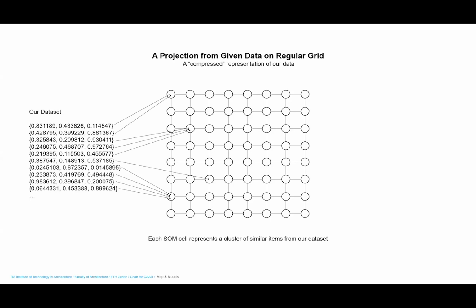Of course this representation is made by the training process, and we will explain it later. So basically we can consider that this SOM is an overall representation of our data set.